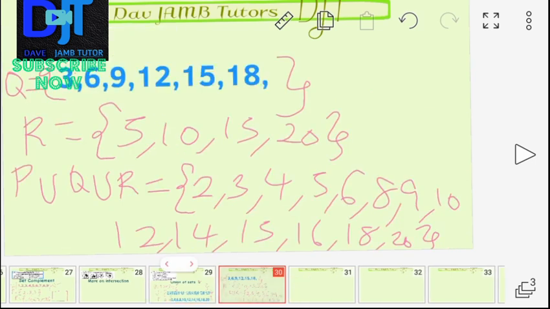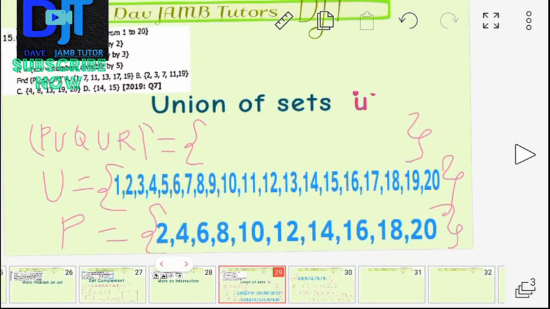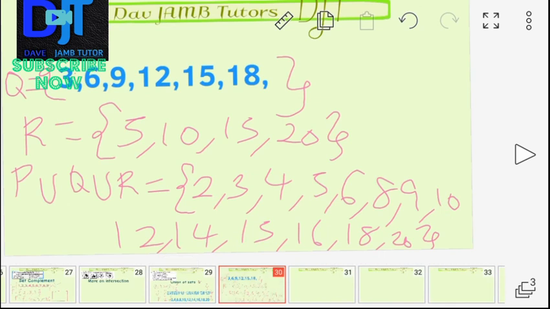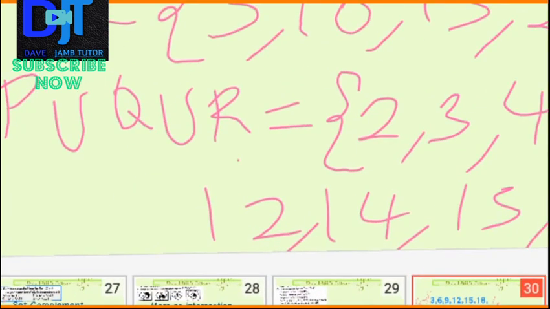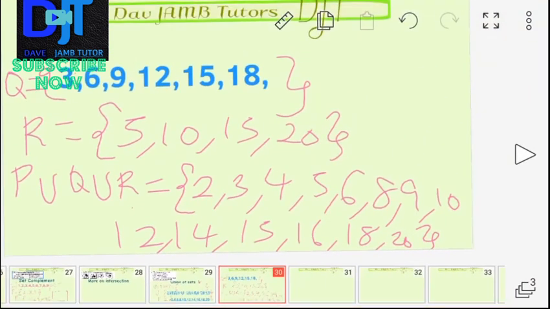So to find the complement of P union Q union R, we have to look at the universal set and see what is left in the universal set which is not here. That's what I mean.